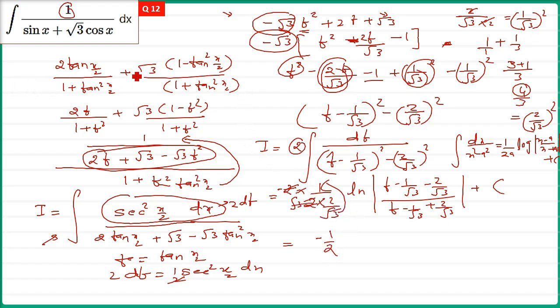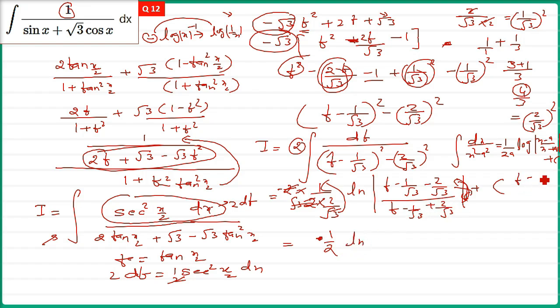Now there are 2, 3 ways. See, minus log x is simply log 1 by x, because this negative outside the log will come as the power of x, and x to the power negative 1 is 1 by x only. So if you replace this negative, the denominator and numerator will swap.